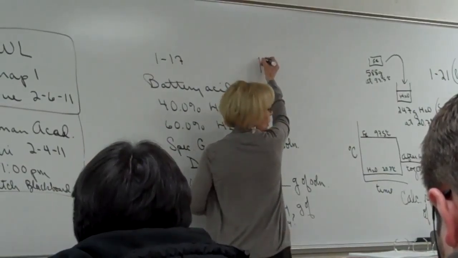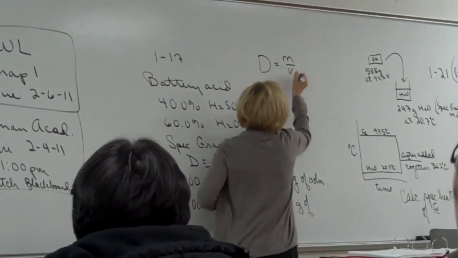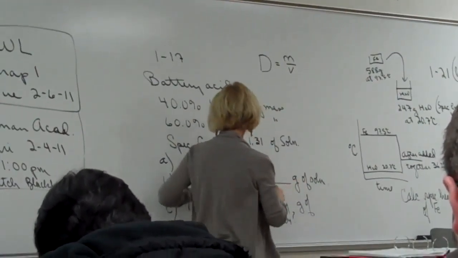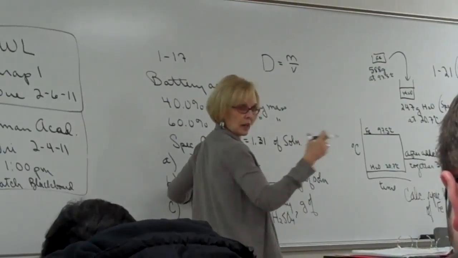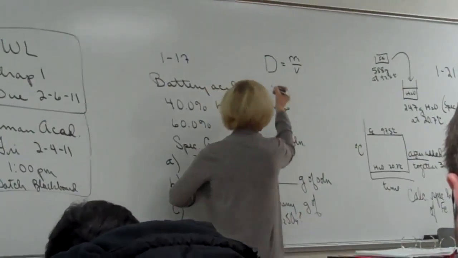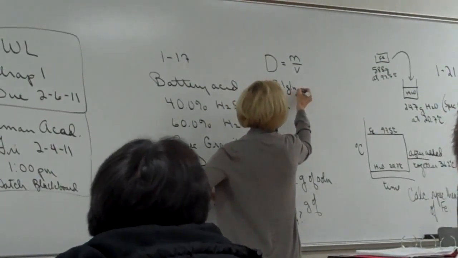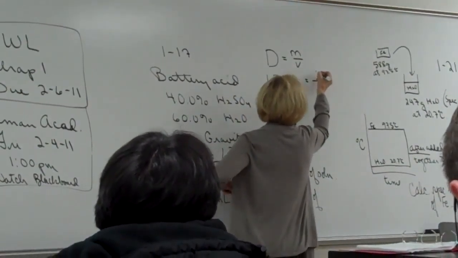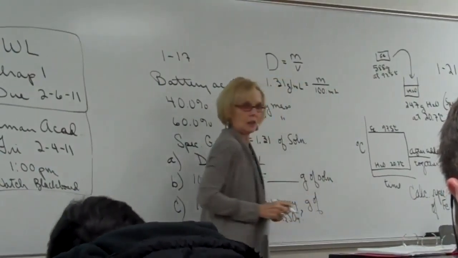Okay, so what's the equation you're using, the expression? D is equal to M over V, but we've got the mils and we've got the density. She went ahead and said she'd rearranged it, but let me just put it this way. Okay, it's M over V.